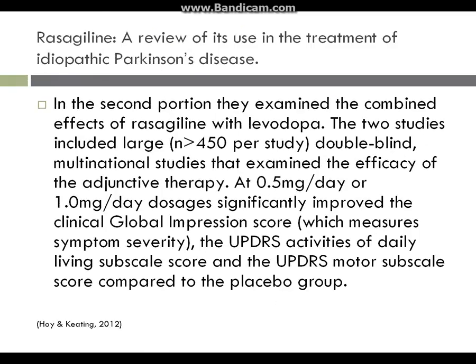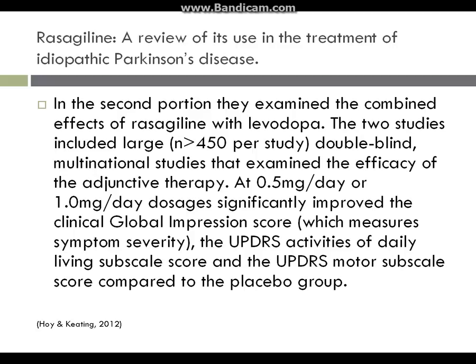In the second portion, they examined the combined effects of rasagiline and levodopa. The two studies included large, double-blind, multinational studies that examined the efficacy of adjunctive therapy. And once again, they used about 450 per study.